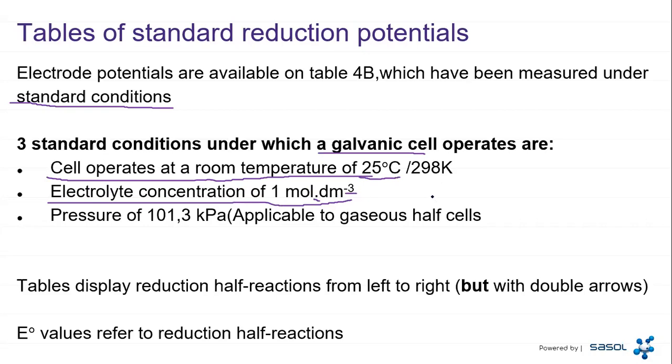So what we often see is that learners would write mole dot dm cubed. This is mole decimeter cubed. So it's incorrect altogether because there it must be a negative. Others would go as far as writing mole dm -3. It's wrong because now this looks like one thing.